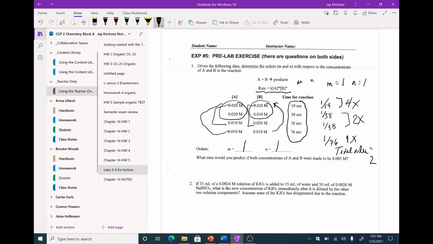So now if we wanted to figure out this thing right here, what is this thing? Well, what time would you predict if the concentrations A and B were made to be 0.005? We'd be looking at those rate equations. And we would be plugging in the initial concentrations, which is up here, and the final one.